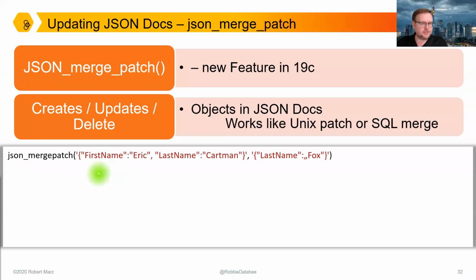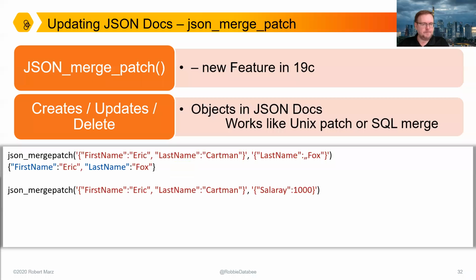So this is my JSON document, first name Eric, last name Cartman. And I say JSON merge patch and give another JSON document inside. And the result will be an updated document which updates the key value pair last name from Cartman to Fox.